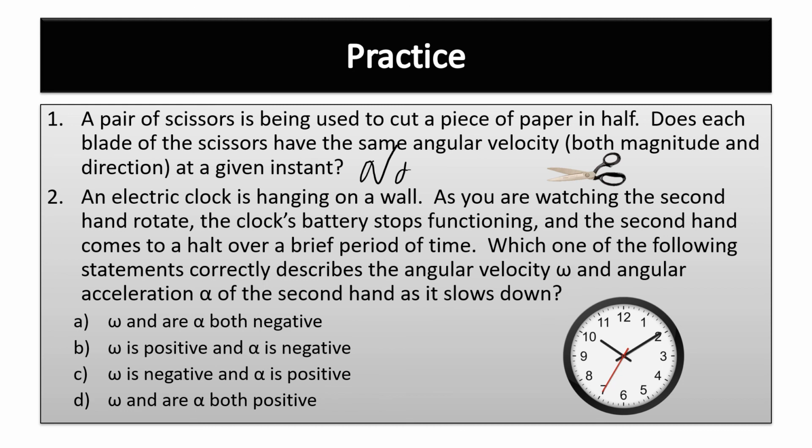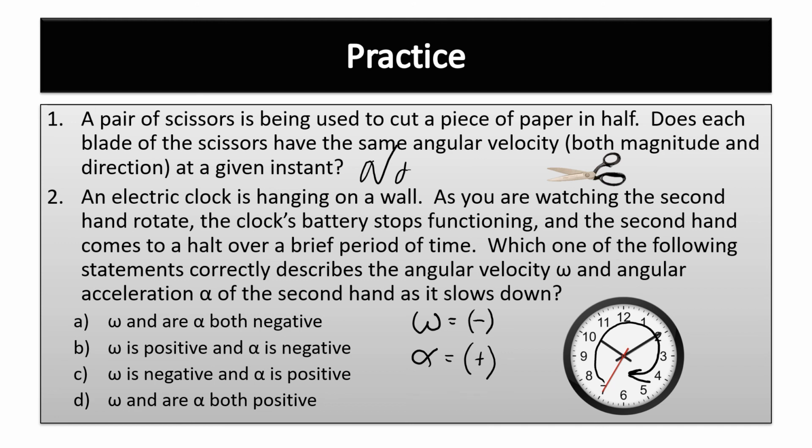So let's start with what direction the second hand is actually traveling in. The second hand is traveling clockwise, so the direction of the velocity is negative. But if it's slowing down, the angular acceleration must be in the opposite direction, and the opposite of negative is positive.